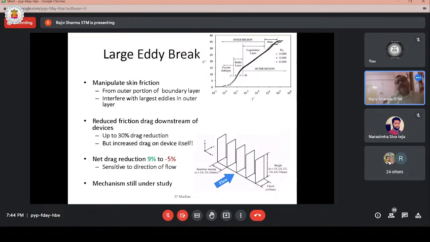And it is also dependent on the size of the appendage. If you are maintaining the micro and mini size, then the increase is not significant. But when it comes to mini size, the large eddy breakers, which you normally use, then the device will add to the drag because it's appendage, and that drag is significant.